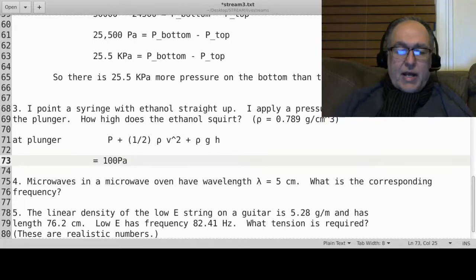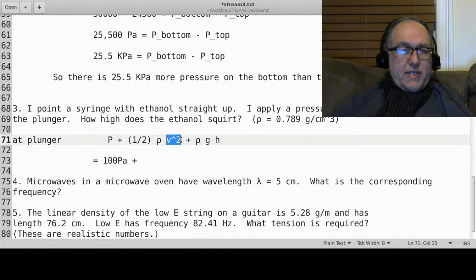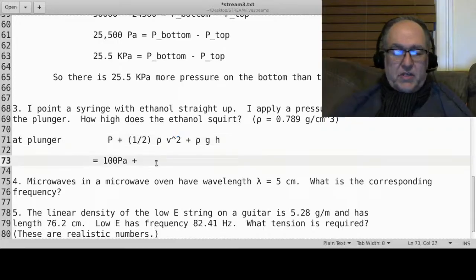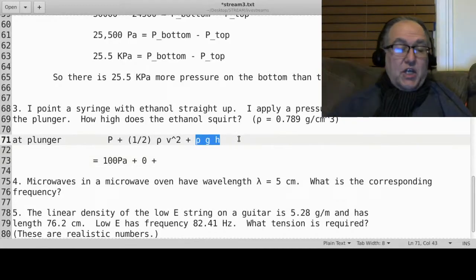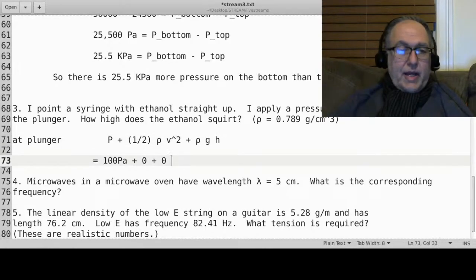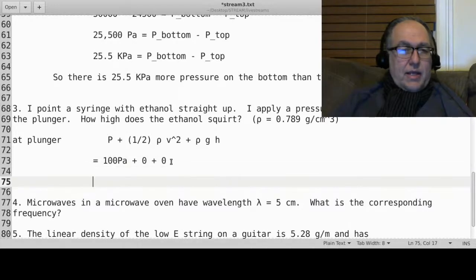The velocity at the plunger, remember, is negligibly slow, so V is 0 and that term is 0. Plus the height at the plunger, H equals 0, so that's 0 there. And so the energy density at the plunger is 100 pascals. That was easy.